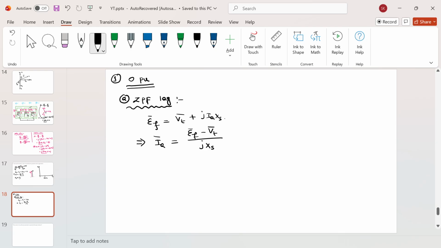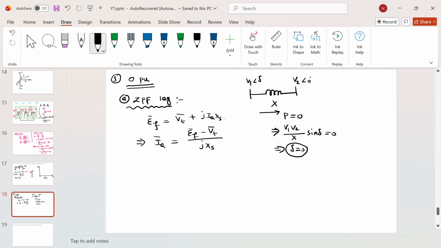At 0 per unit active power delivery, you have two buses, let's say V1 at an angle of delta and V2 at an angle of 0, with reactance X. So if the active power delivery between two buses is 0, then you can comment like this: V1 V2 by X sine delta is 0 and delta is 0. So my delta is 0.